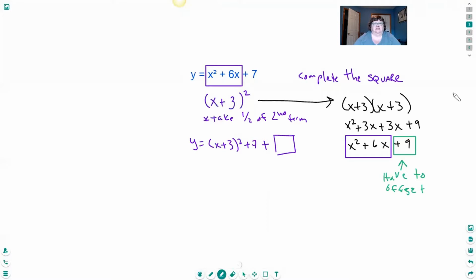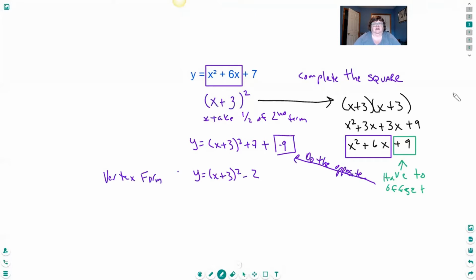Well, to undo that, you'd have to do minus 9. So I'm going to put in minus 9 here. So you always do the opposite. So on this, I'll put a little note here. Do the opposite. Okay, so then I'm going to clean this up. I'll get y equals x plus 3 squared minus 2. And that is in vertex form.